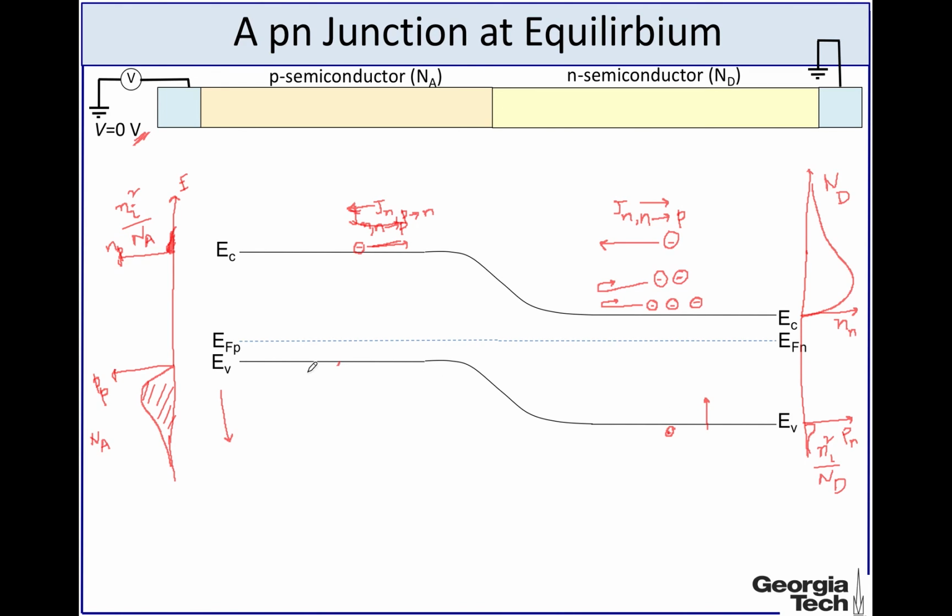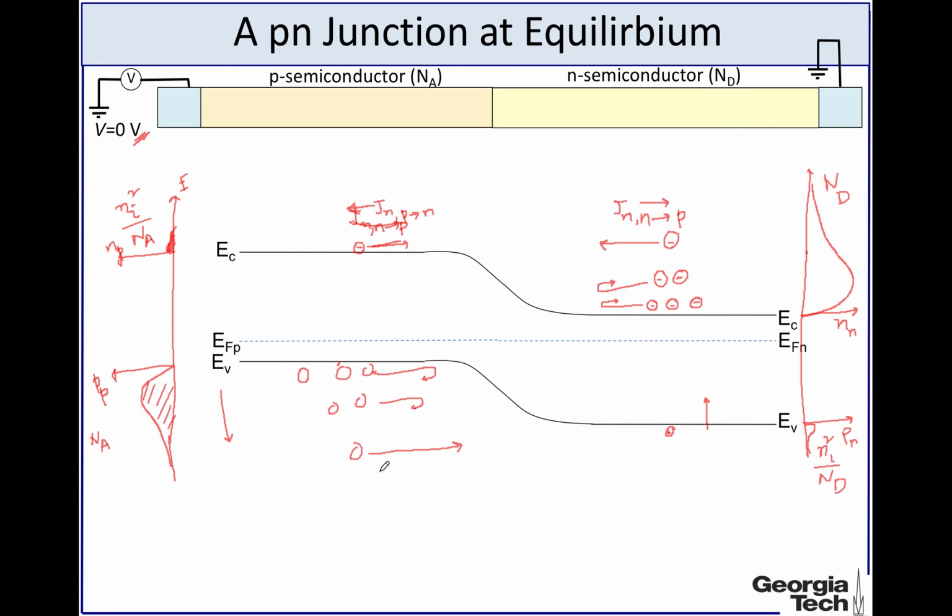So when you have a lot of holes here, these holes actually see a barrier going from p side to n side. So these holes will be reflected, and the holes that have higher energy will be able to pass.